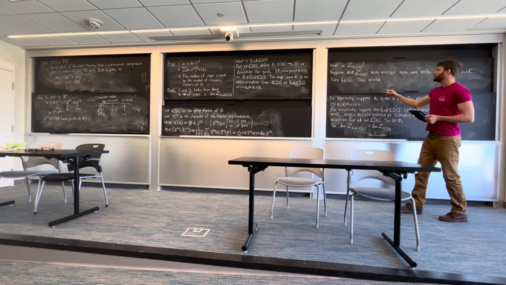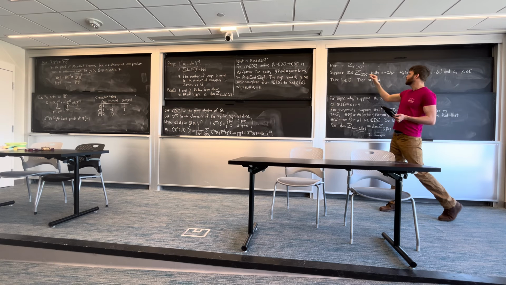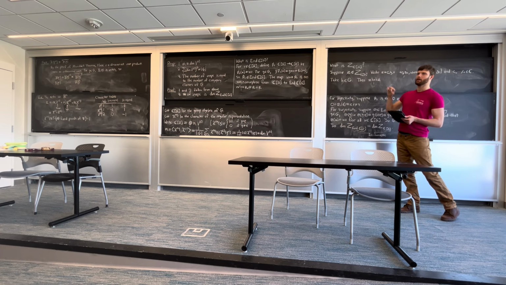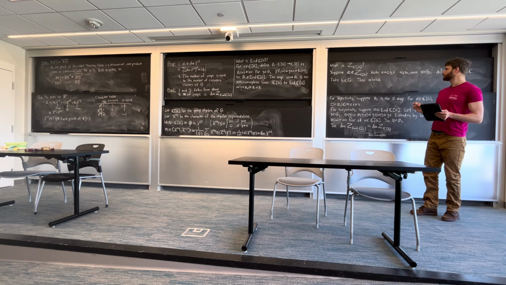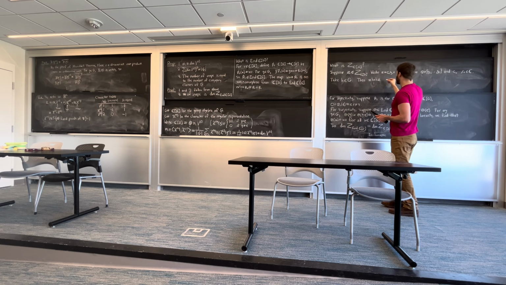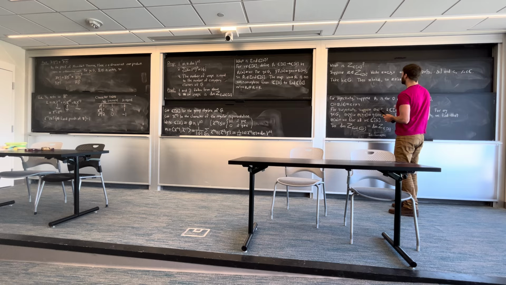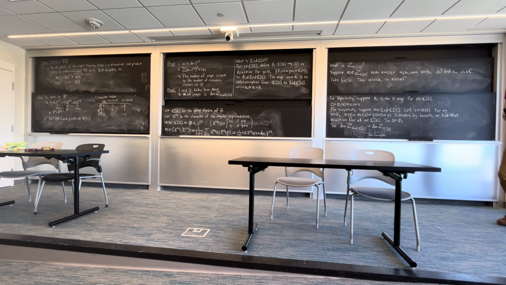Here I'm thinking of H as an element of the group algebra as well. This is because Z commutes with everything in the group algebra, because it's in the center. So another way of writing this is Z equals HZ H inverse. I just multiplied by H inverse on the right.